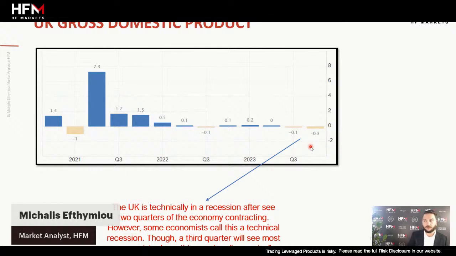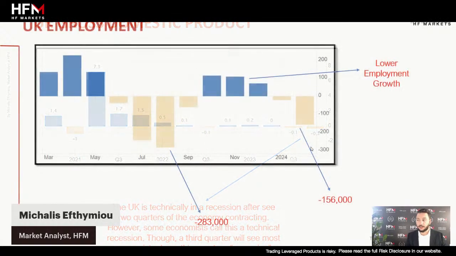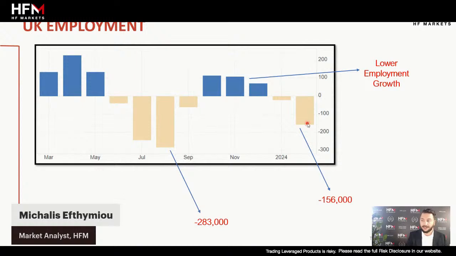But if we get a third quarter where they're going to see a decline, even if it's only a very small decline, then economists will start to believe that the UK economy is officially within a recession. So this is another reason. And another reason as well is that over the past 2 months, we have seen employment significantly decline as well. So this is something we also need to take into consideration.